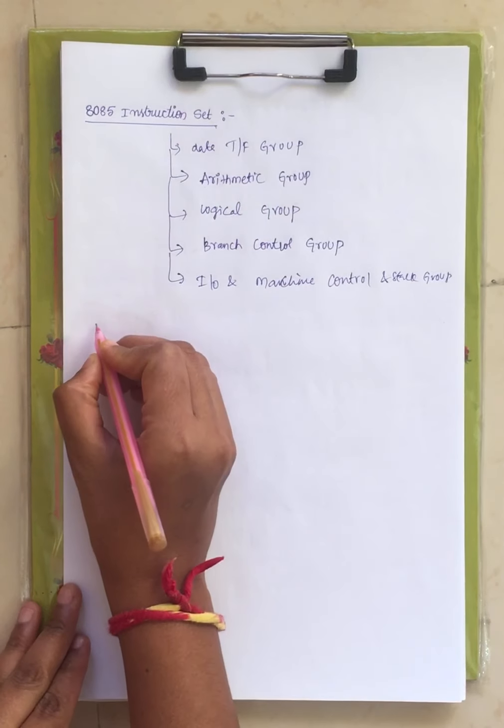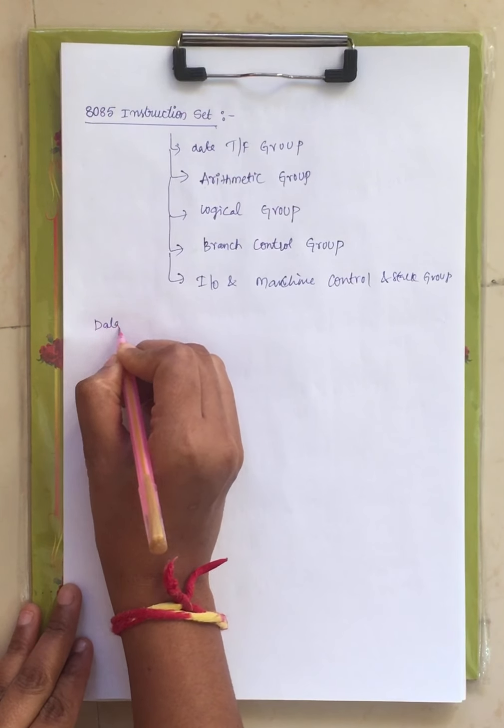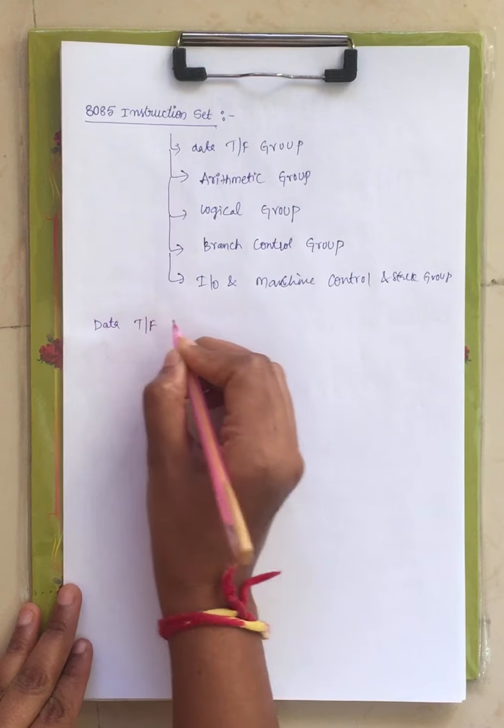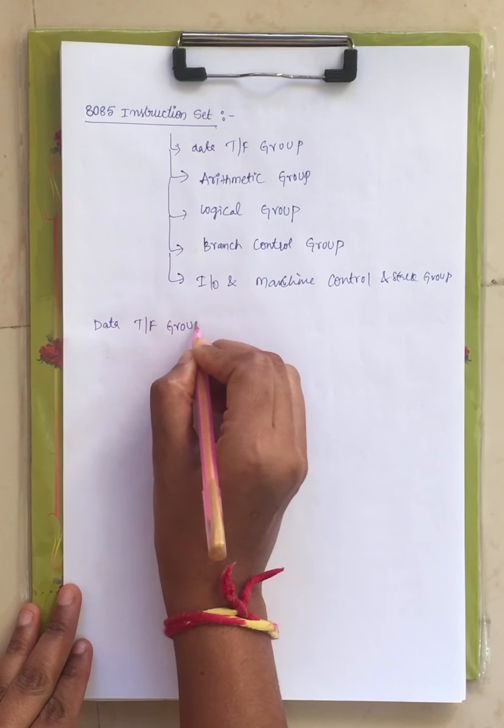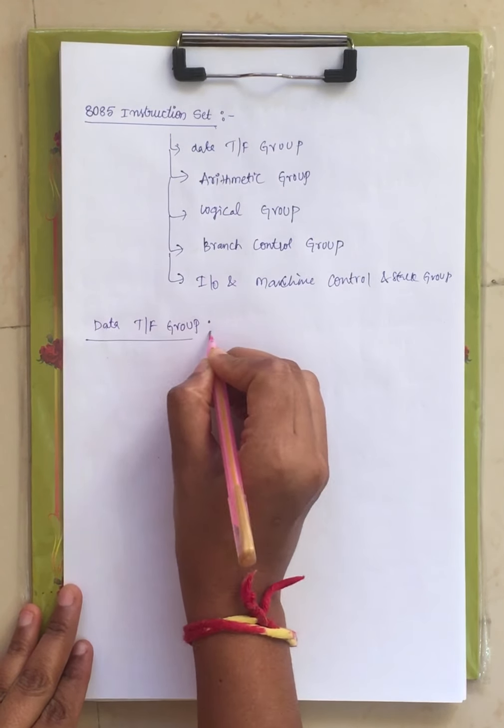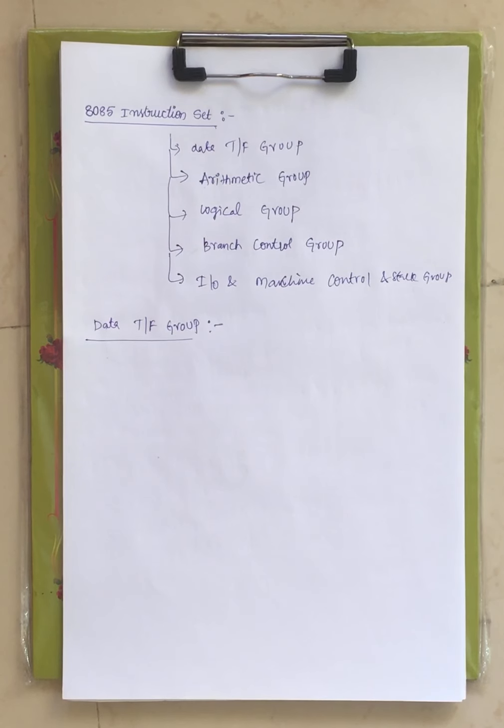Now coming to the first group, the data transfer group instruction set, right? The first group of instruction set under 8085 is the data transfer group. The instructions that come under this category are the ones used to transfer data from register to register, memory to register, and register to memory.